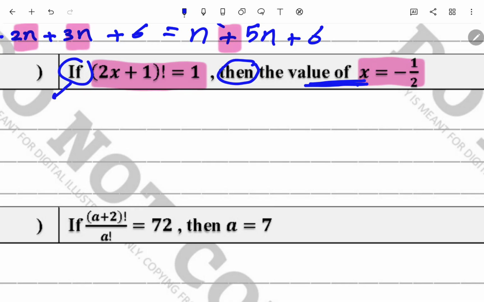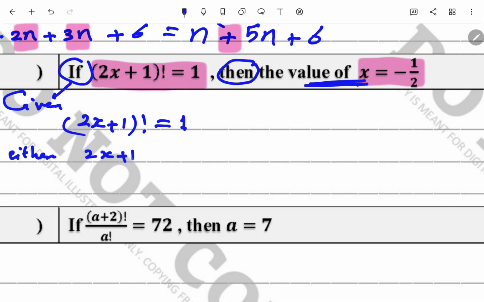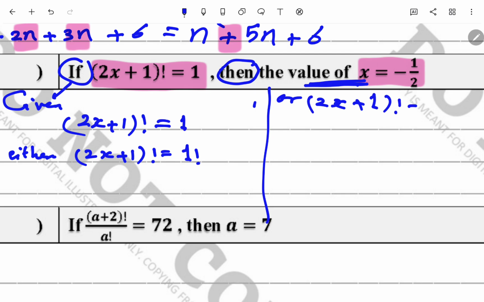Let's start with the given. The given is here 2x plus 1 factorial equals 1. I can say that either 2x plus 1 factorial will be equal to 1 factorial, or 2x plus 1 factorial is equal to 0 factorial, because 0 factorial also will give you 1.